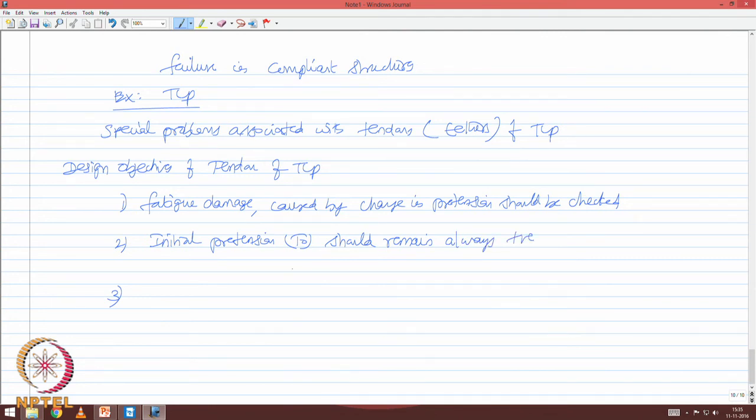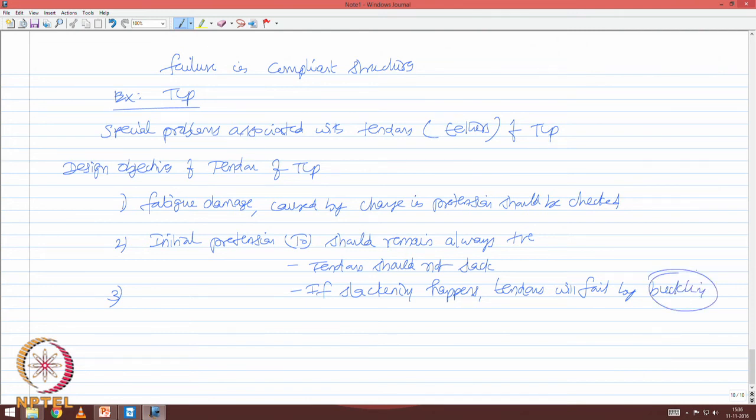It means that the tendons should not slack. If slackening happens, tendons will fail by buckling.